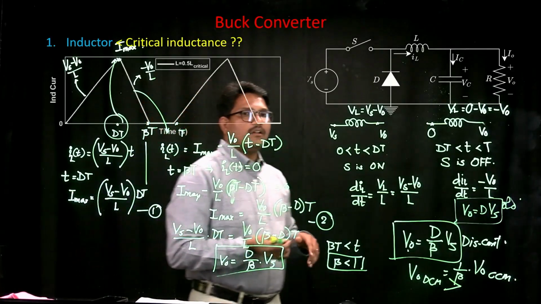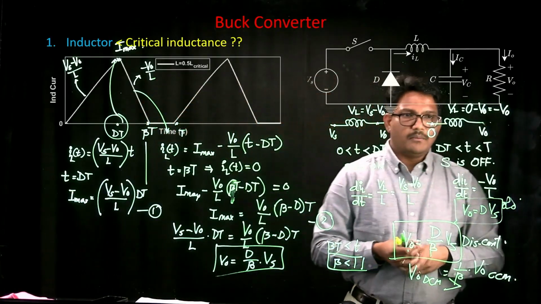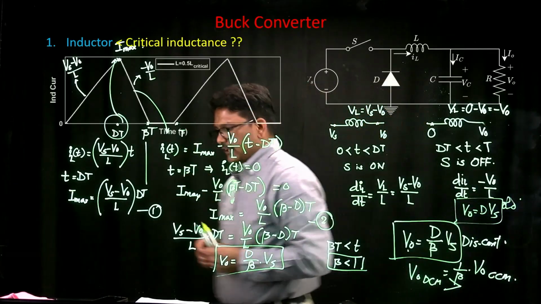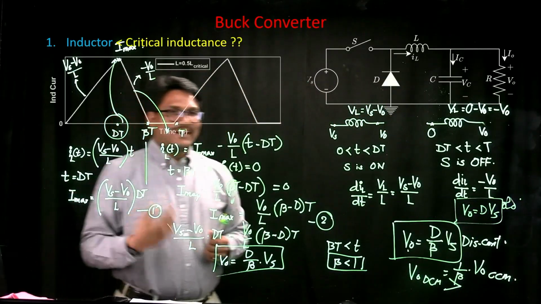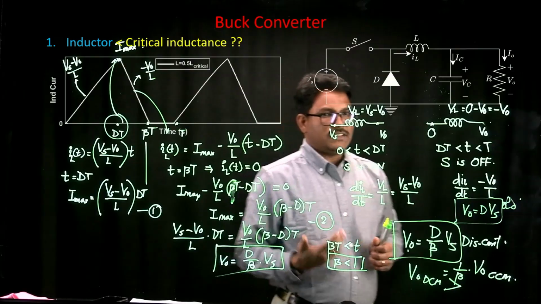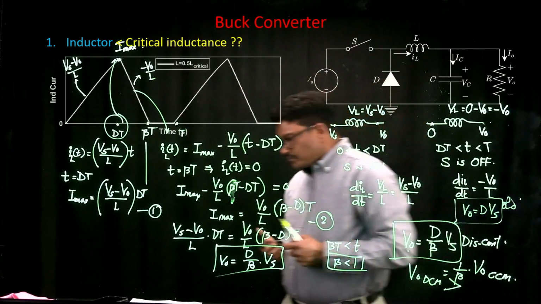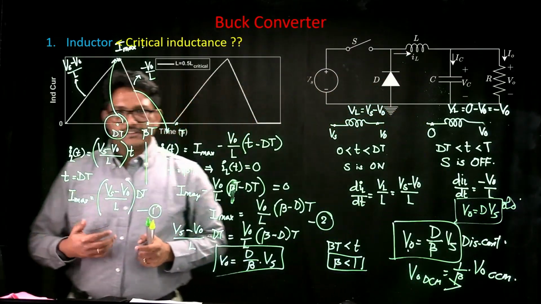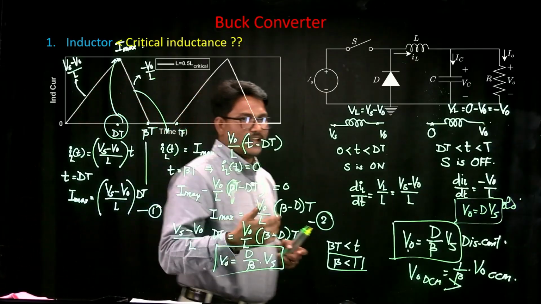So you will be getting more average output voltage, but the problem will be your output current is discontinuous. Your inductor current is discontinuous. That's what is happening when you choose low values of inductance and your current ripple is very high.